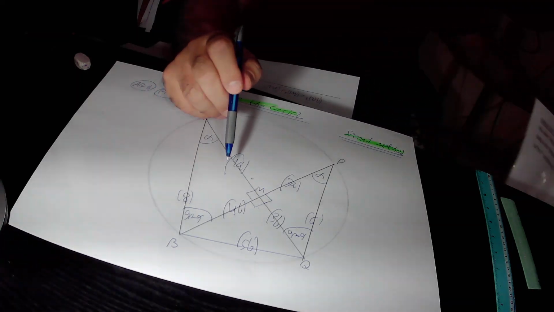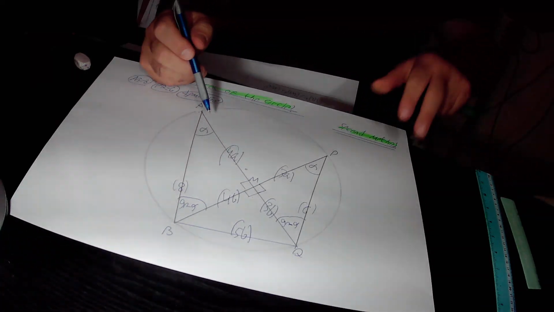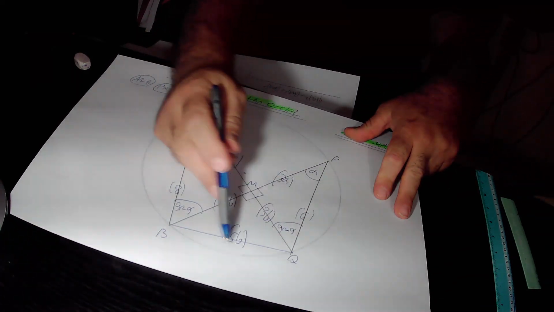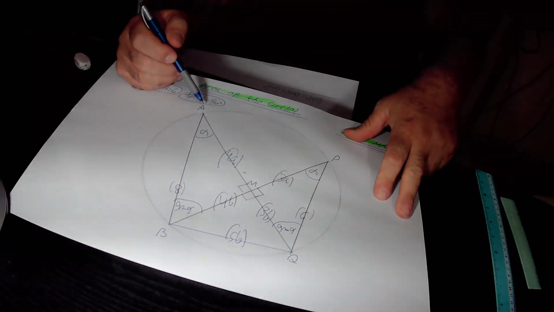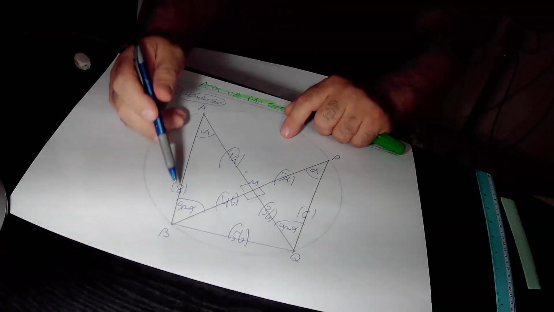We use this new formula in order to calculate the area of triangle ABQ. So the area of triangle ABQ from the other side will be equal to the multiplication of two sides by each other.